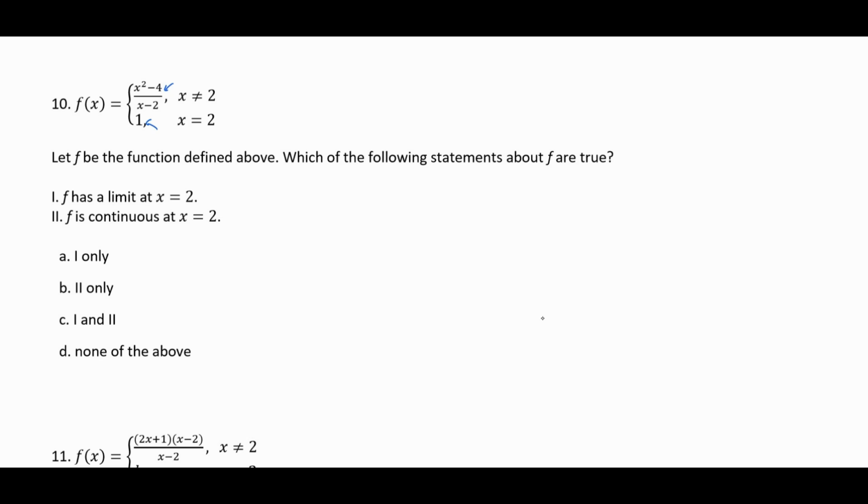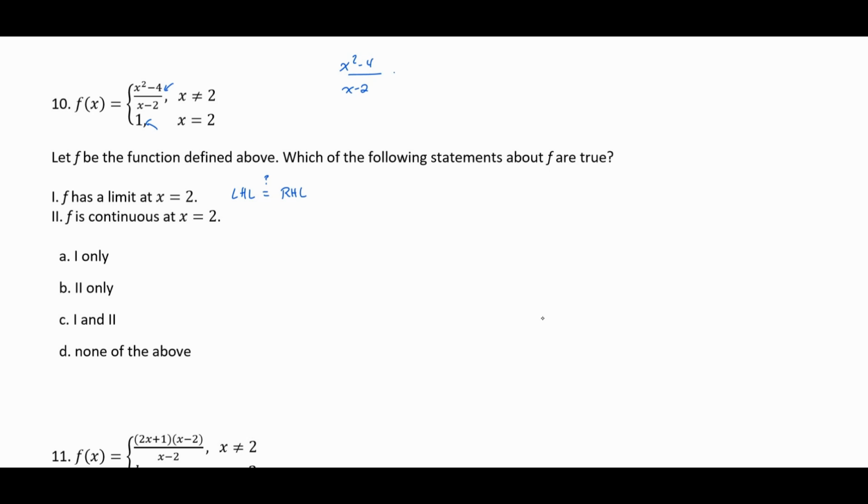So what we want to see, does the left hand limit equal the right hand limit? So let's figure that out real quick. Let's see if that one is true. So the left hand limit, we can just use this first equation. Let's write this out: x squared minus 4 over x minus 2.